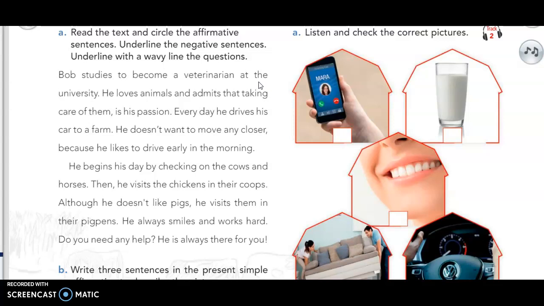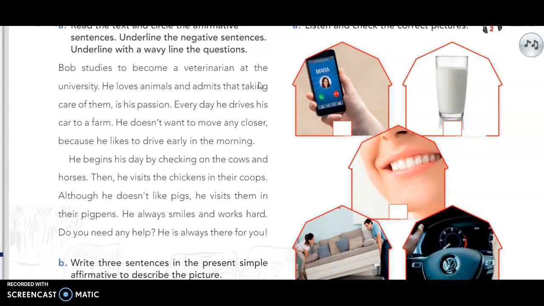He begins his day by checking on the cows and horses. Then he visits the chickens in their coops. Although he doesn't like pigs, he visits them in their pigpens. He always smiles and works hard. Do you need any help? He is always there for you.